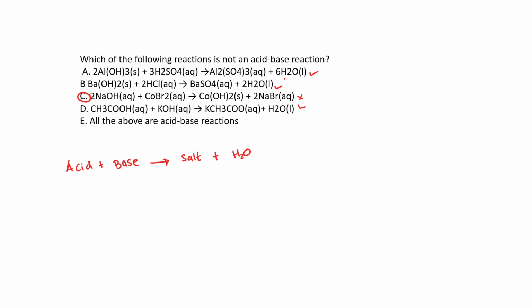This is correct. Base, acid, salt and water. This is correct. Base, not acid, it makes a base and then sodium bromide. This is the salt, but we don't have water here. Acid, base, salt, water. So the one that is not an acid-base reaction is C.